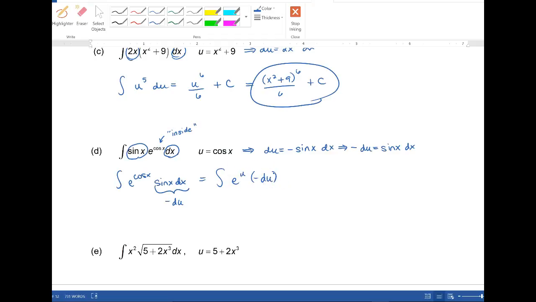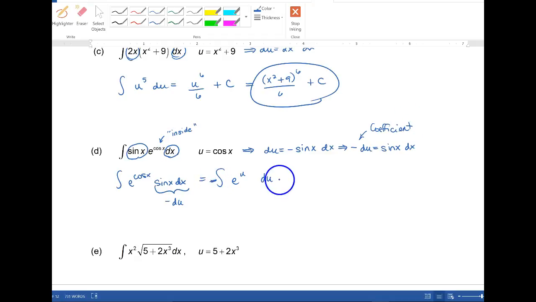The thing is, though, that negative in front of the du, it's much easier if we think of it as a coefficient. It's not subtraction, it is a -1. So I'm just going to move that -1 to the front of the whole thing. Coefficients can always be brought out in front of the integral. So whenever I get a coefficient in front of the du, I automatically move it in front of the integral.